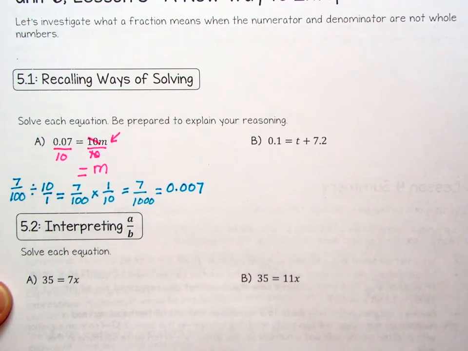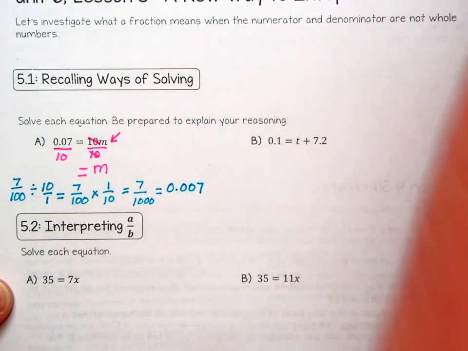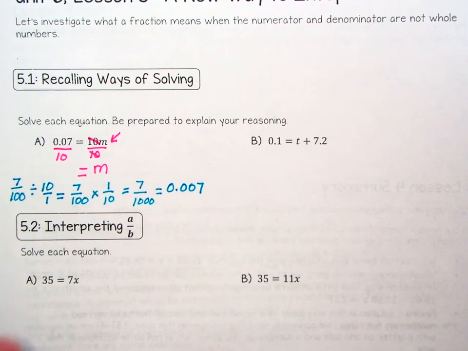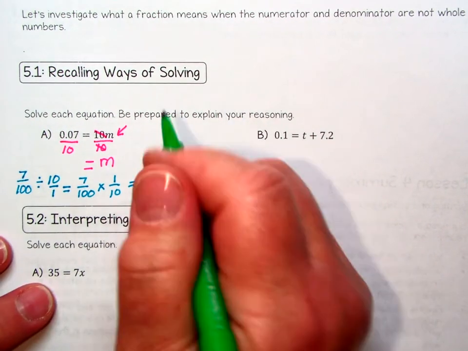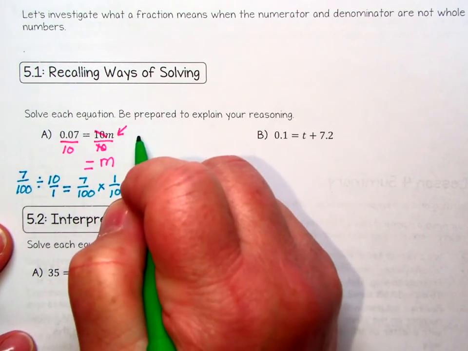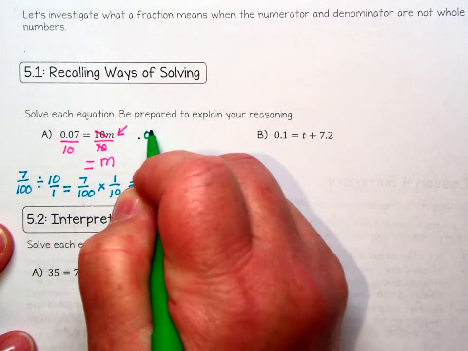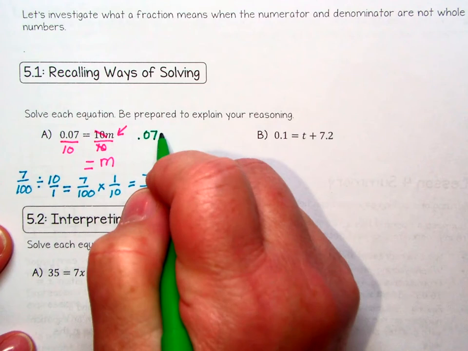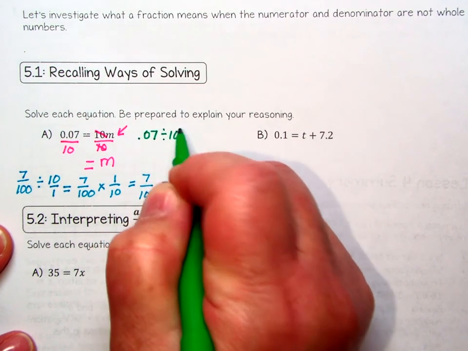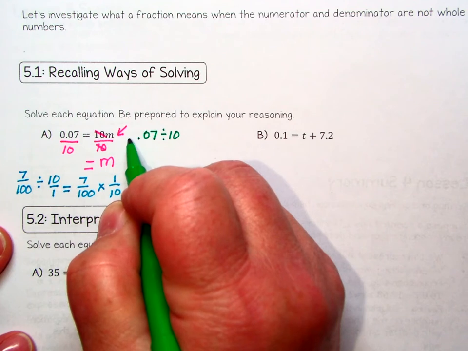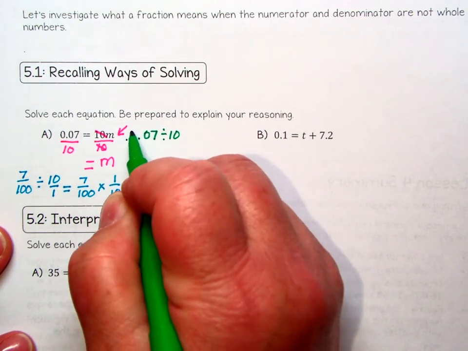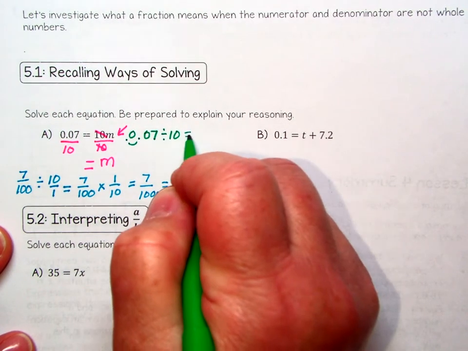Another way, if you remember, anytime we are multiplying or dividing by a power of 10, we can do it simply by moving the decimal point. So I could do 0.07 divided by 10, which means the decimal point is going to get moved one place to the left.